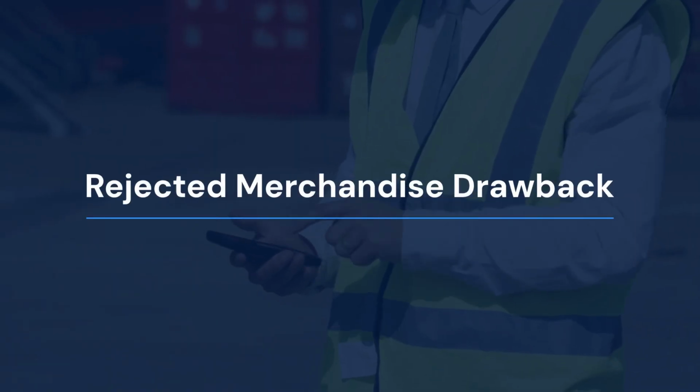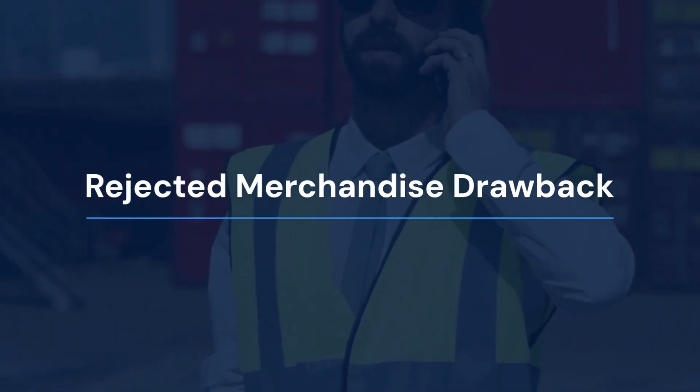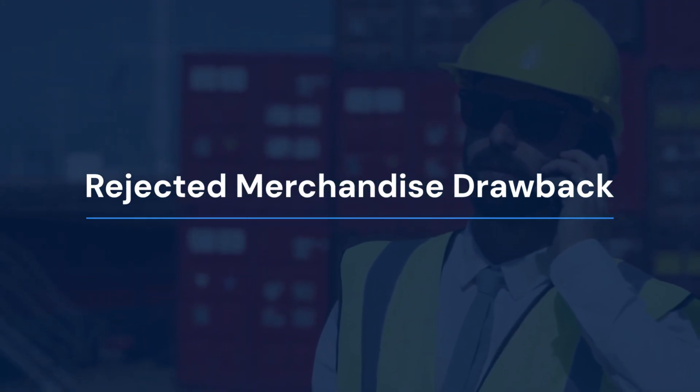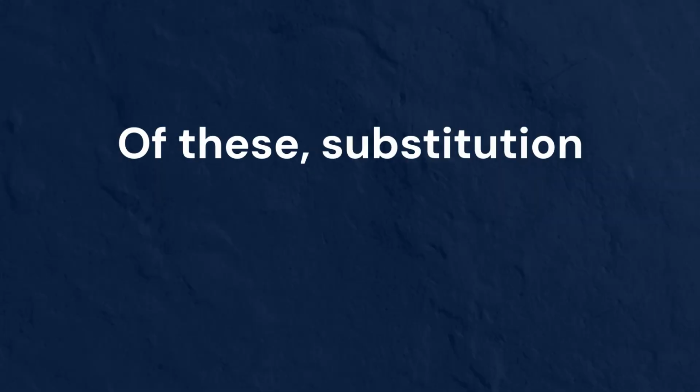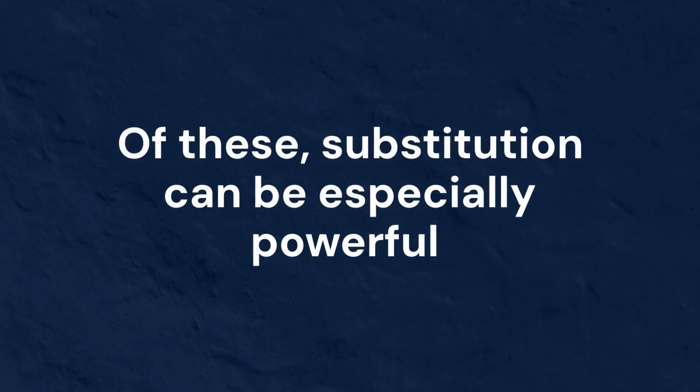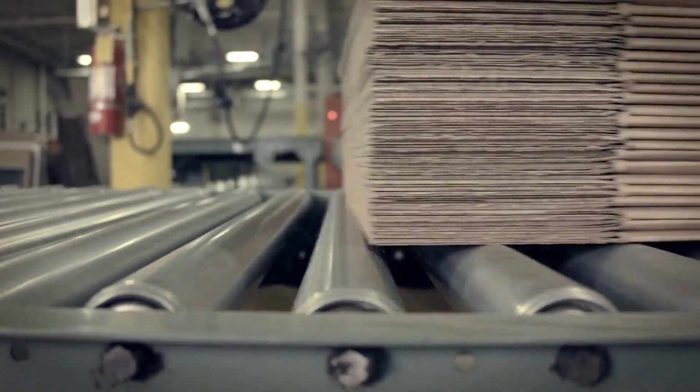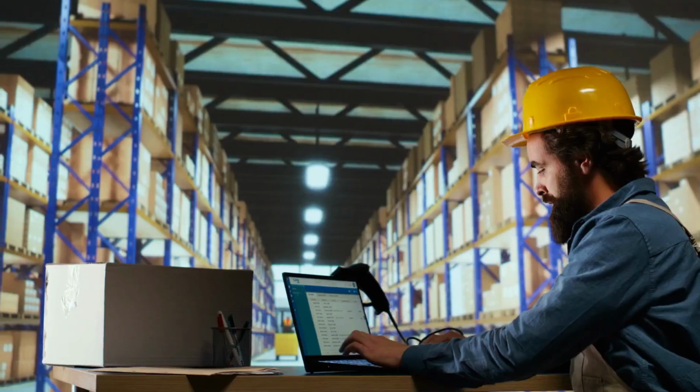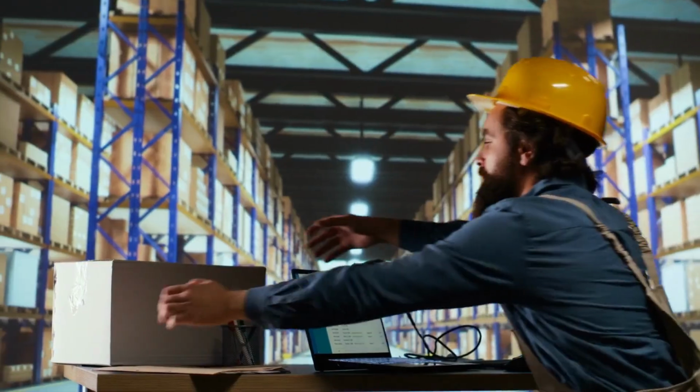Finally, there's rejected merchandise drawback, for goods that are returned or destroyed under customs supervision. Of these, substitution can be especially powerful, since it lets you match exports to imports even when inventory gets mixed, as long as you maintain proper classification records.